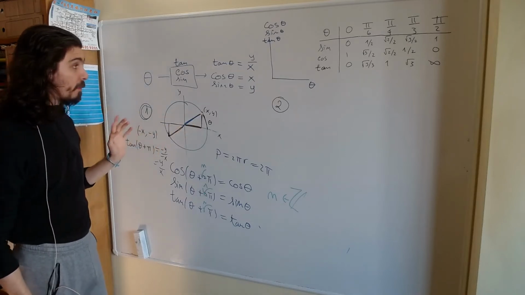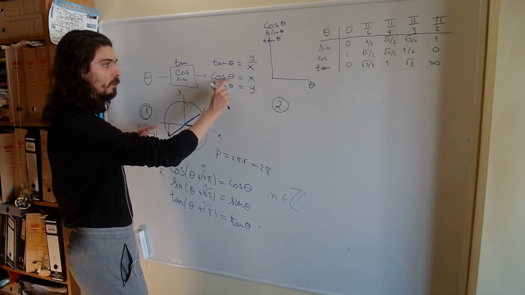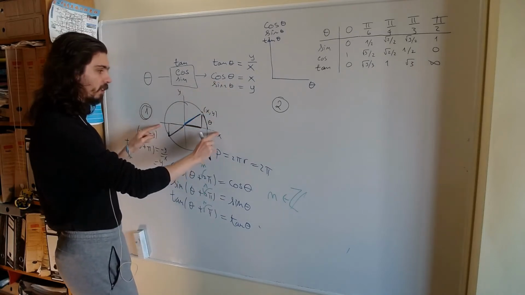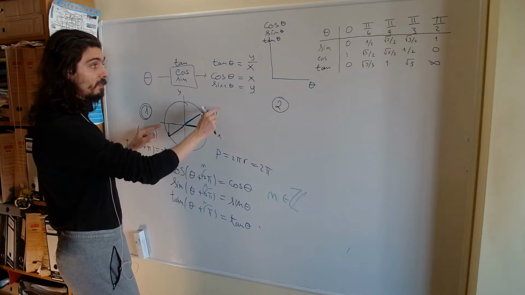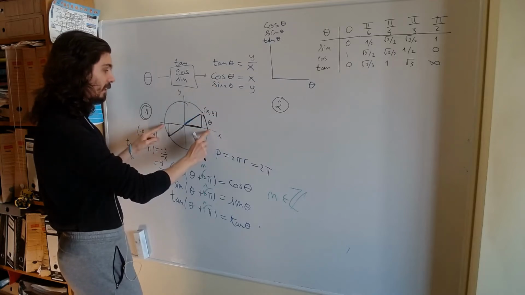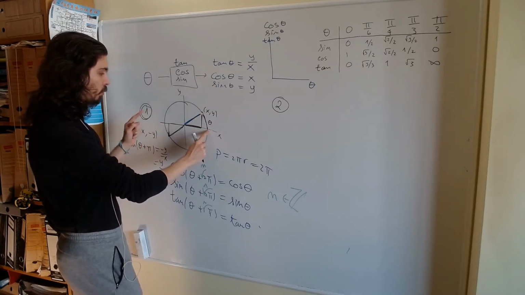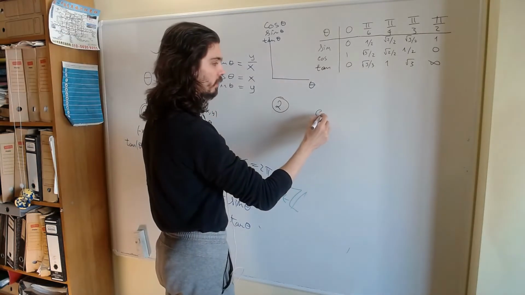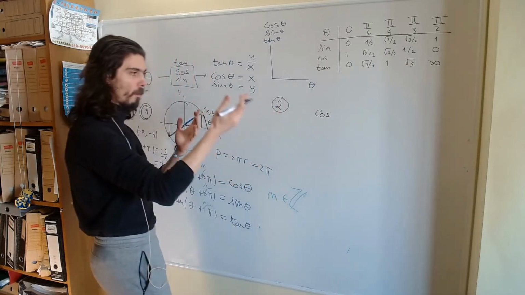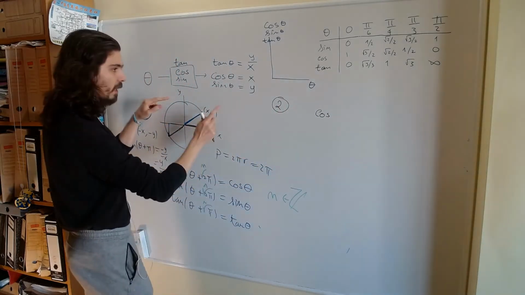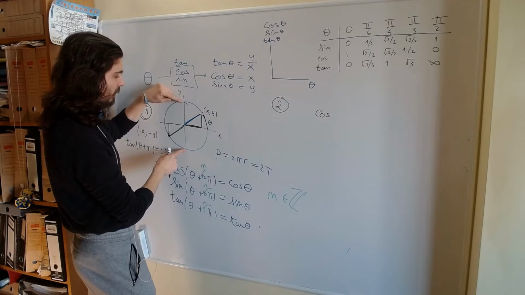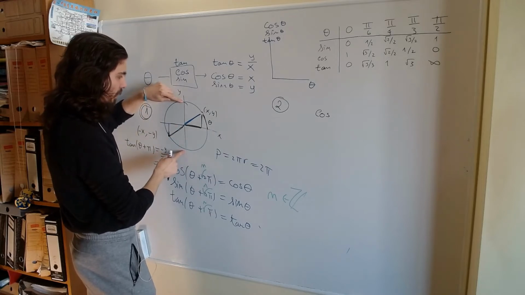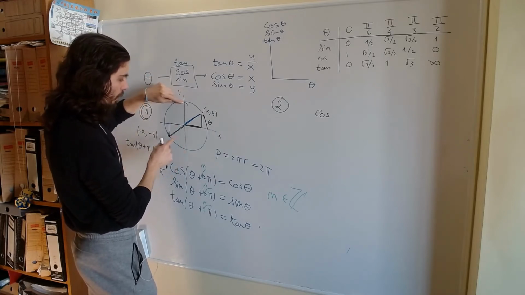Well, if it picks the x-coordinates, then that means that cosine theta lives on the horizontal axis. Well, if it's on the horizontal axis, that implies that it's between 1 and minus 1. Okay? So the cosine is between minus 1 and 1. The same with the sine. The sine lives on the y-axis, and so it's between 1 and minus 1.